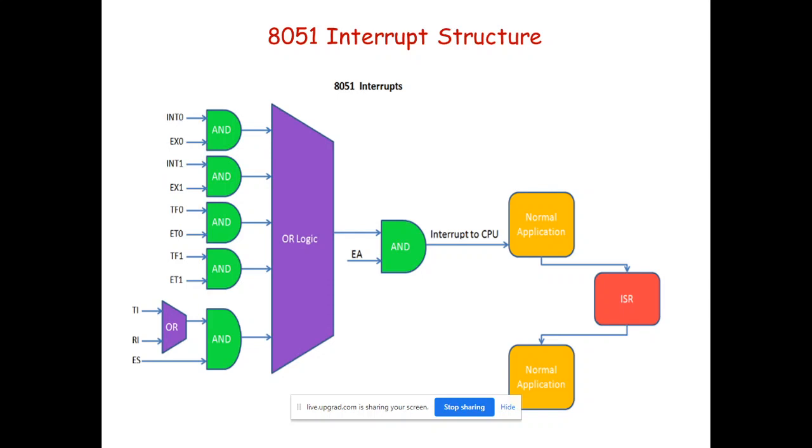In the IP register, each location is dedicated to a particular interrupt source. If that particular bit is 1, then it has high priority, and 0 means low priority. As per this, we can change the priority.